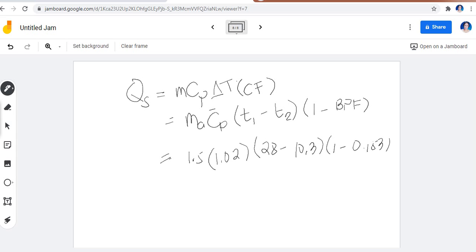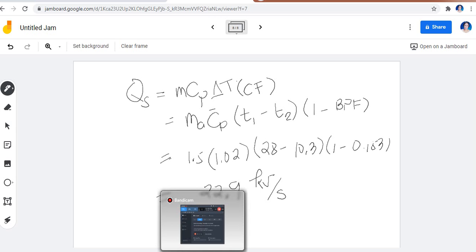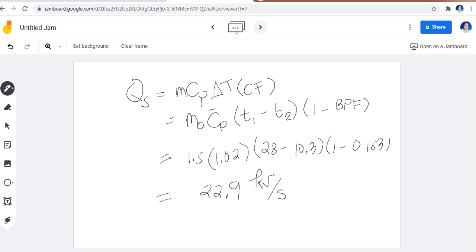So you have now the value being equal to 22.9 kilojoules per second. Nice, that is the sensible heat. Now we go to the use of the formula that we have to get the latent heat.